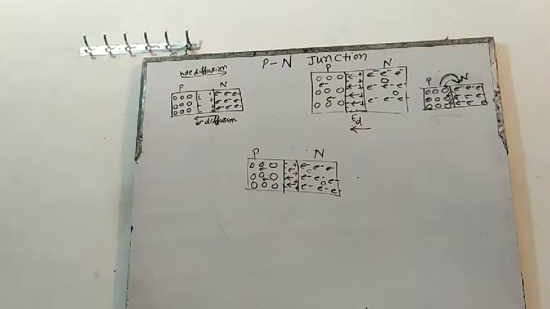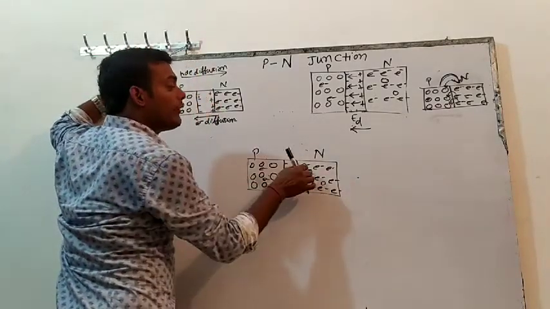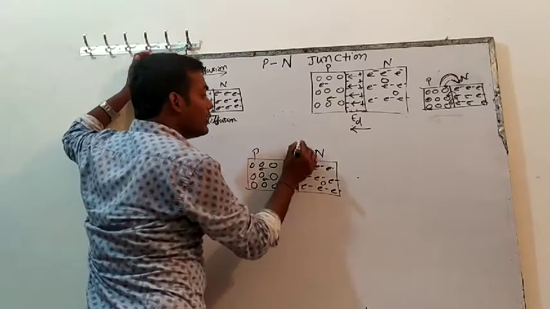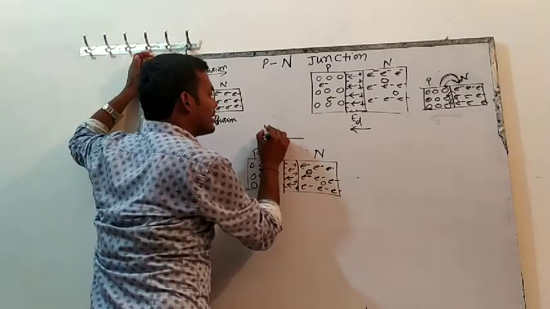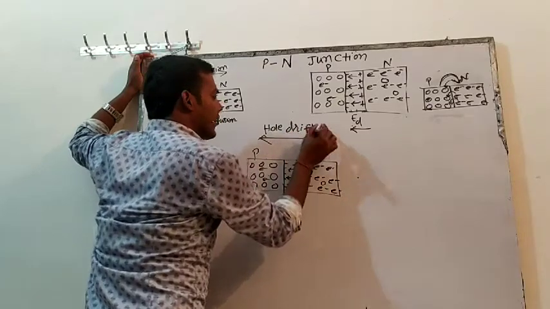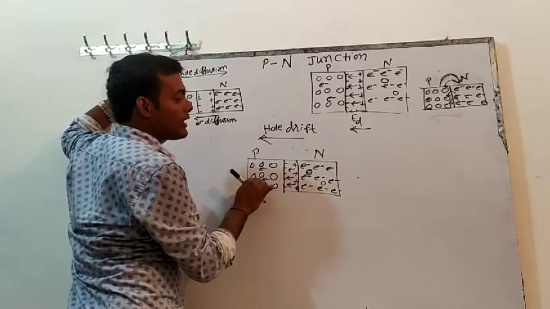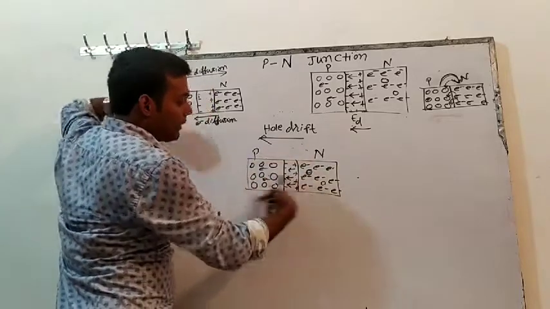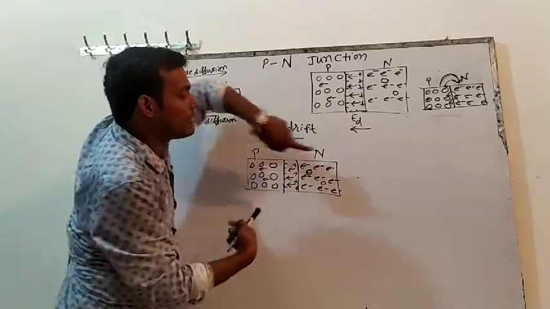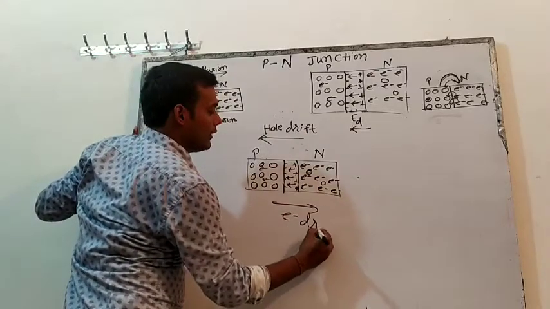Now see, in which direction will the hole drift? This is a hole, no? This hole is positive. Positive will move in the direction of the electric field. So the hole will drift in this direction. And this electron will drift in this direction because a negative charge will move in the opposite direction of the field.